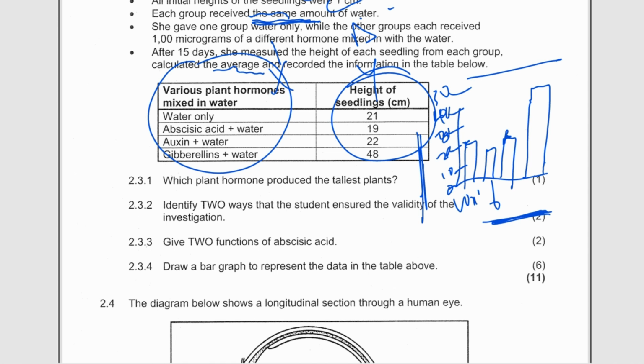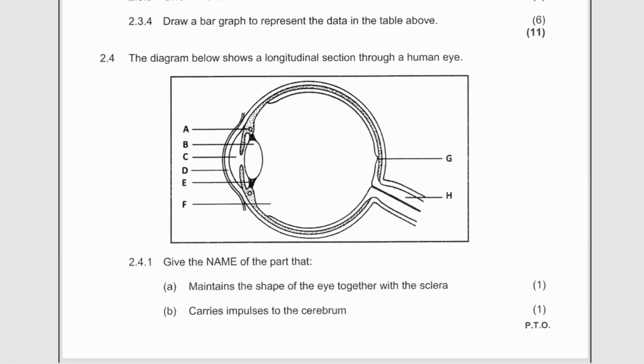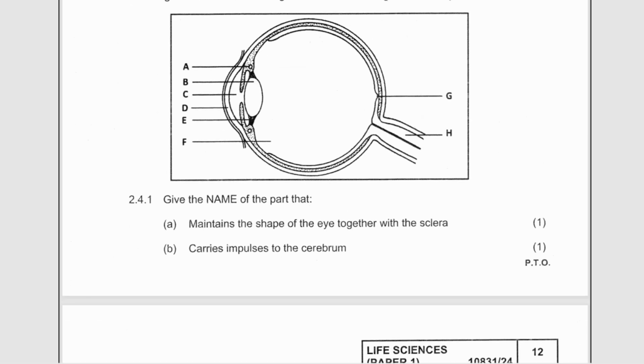So we give you marks for the correct type of graph, the space, the bars, the scale, axis, and correct plotting. So that is it. The diagram below shows the longitudinal section of the eye. They're saying give the name of the part that maintains the shape of the eye.